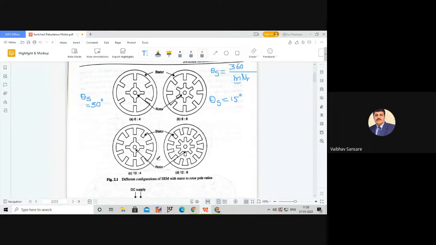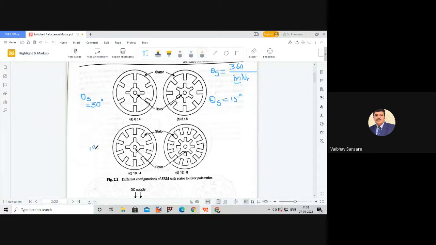Let's take the third configuration, the 10 by 4 configuration. Here the number of stator phases is 5. The denominator term is 5 multiplied by 4, that is 20, and 360 divided by 20 is 18 degrees.